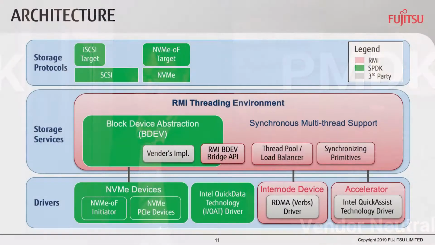In this presentation, there are two important topics. One is the RMI threading environment for thread level scalability. The second one is the RMI internal communication for better internal scalability.